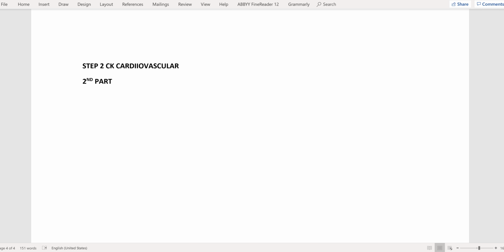I find the ABPI is 0.7 on the right and 0.9 on the left. So what are you gonna die from in the next 5 years? Peripheral vascular disease? Yeah, heart attack, or peripheral arterial disease. Yeah, heart attack, heart attack.